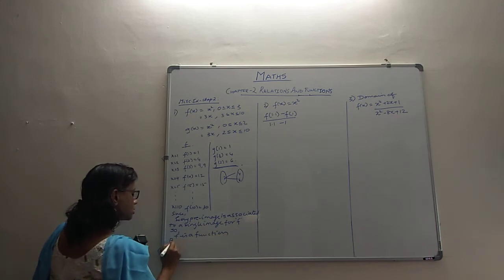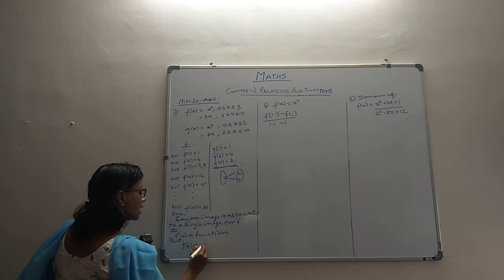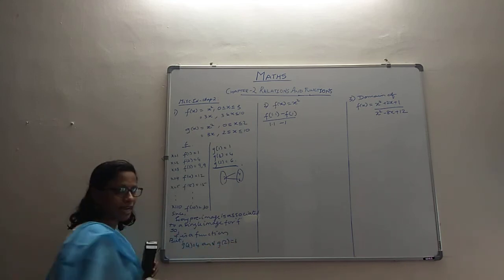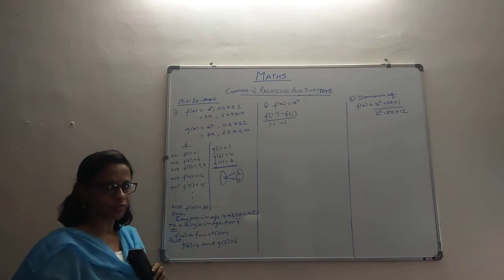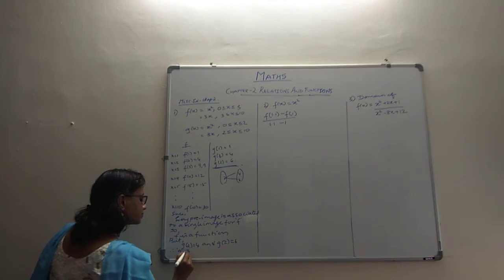But G of 2 is 4 and G of 2 is 6. So we cannot have it like that. As I said, this kind of association we don't allow. Therefore G is not a function.